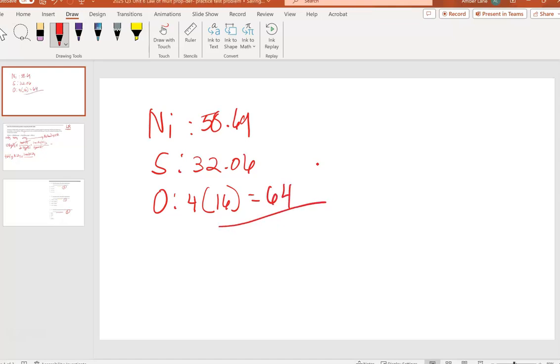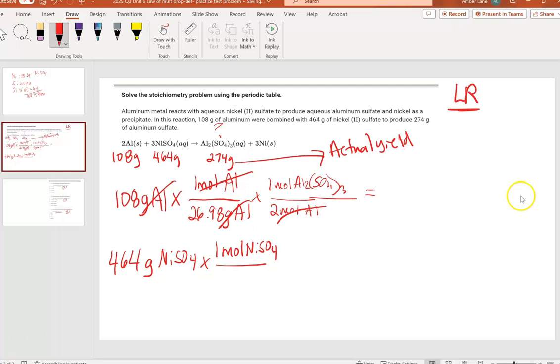Now I'm going to add all my molar masses together. 58.69 plus 32.06 plus 64 will give me 154.75 grams per mole. That's the molar mass of NiSO4. So now I can put that right here.